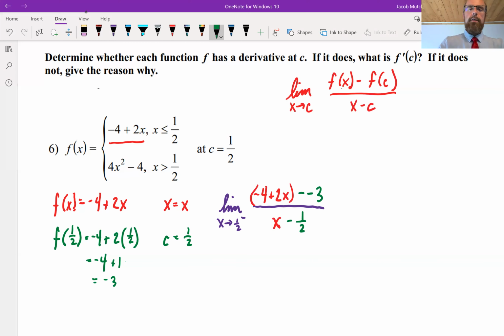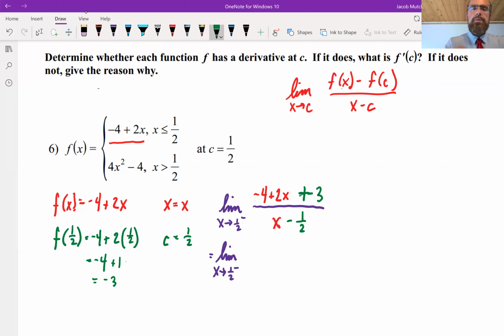I want to simplify that limit now. So that's equal to the limit as x approaches 1/2 from the left. In my numerator, I can let these parentheses go, and then I'm going to call minus -3 plus 3.